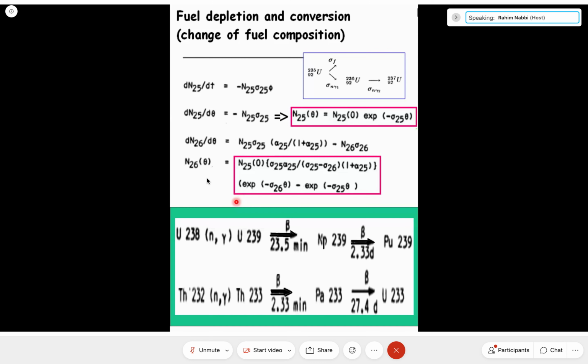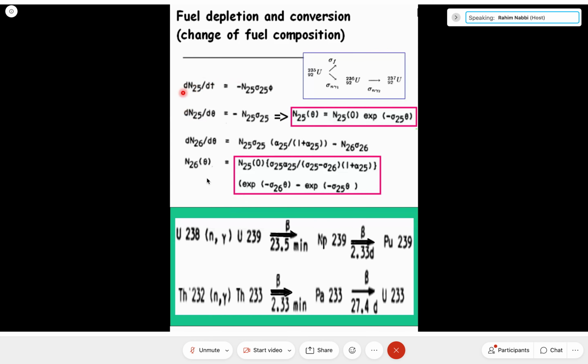So the question is, how much would the concentration of this material be reduced? So this is uranium-235. You remember, 2 is coming from the Z number, and 5 is coming from the mass number. 92 and here 235, the last digits.